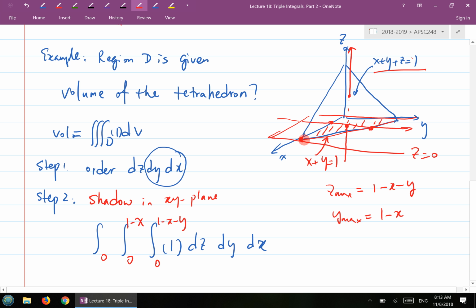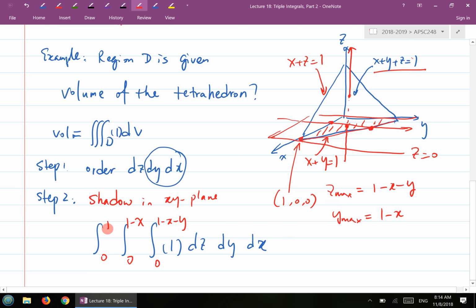It's actually pretty straightforward. For this particular point, this is x plus y equal to 1, and this line here must be what? This is in the xz plane. This must be x plus z equal to 1. And this point here happens to be (1, 0, 0).